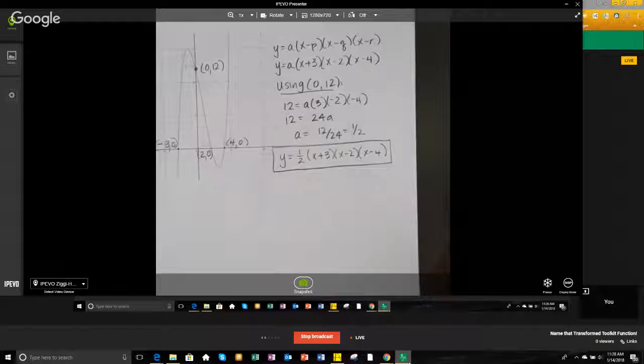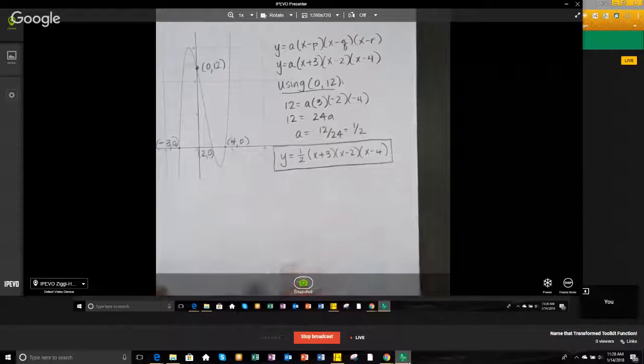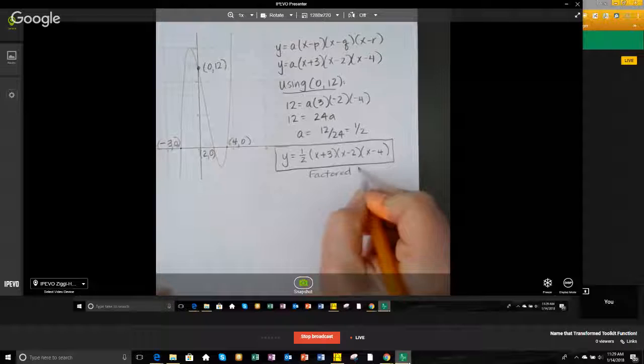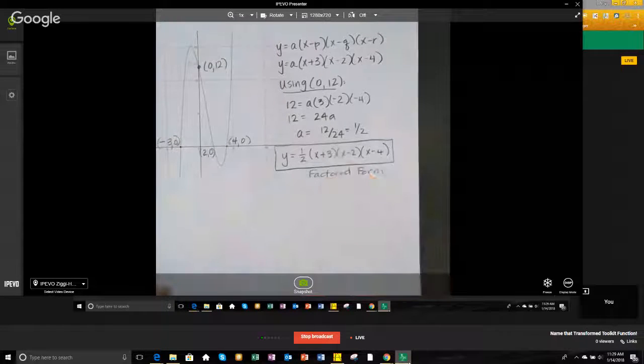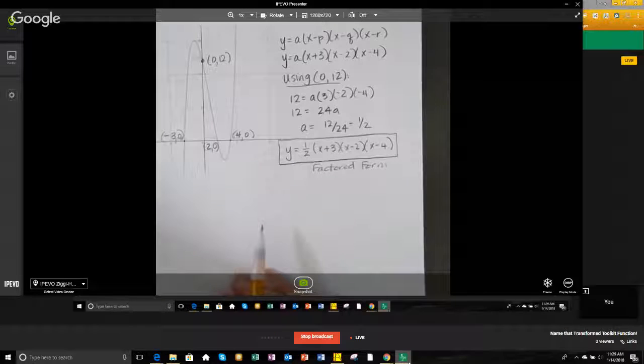But we're not going to do that for the purposes of this video, because I know that you could multiply all that out and get that in standard form. So this would be in factored form with the stretch coefficient of a equaling 1/2. All right, moving right along.